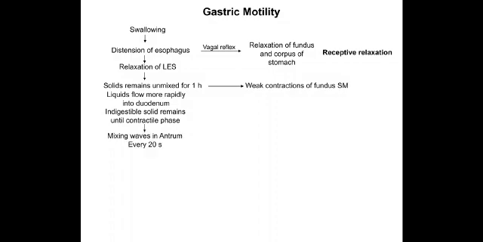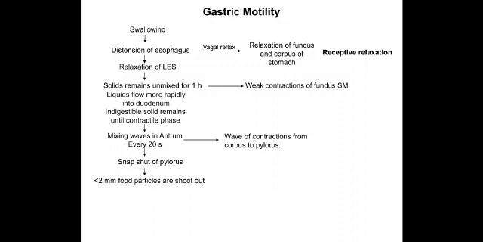Mixing waves occur in the antrum every 20 seconds, with a wave of contraction from the corpus. Finally, the snapshot of the pylorus shows the antral systole. So every time the food propels and retropropels, 2 millimeter food particles are released into the duodenum by a contraction called antral systole.